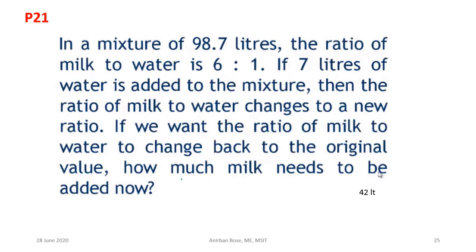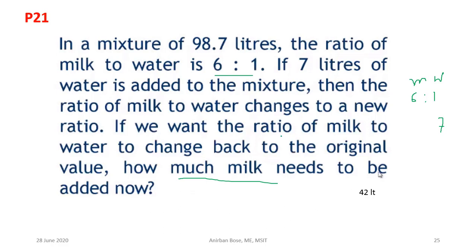Okay, so the idea is that initially the ratio was 6:1, right? Milk and water. Then 7 liters of water was added. But what is our final goal? Final goal was to keep the same ratio. Okay, so if 7 liters of water is added, say this is milk and this is water, then how much milk is to be added so that the ratio will remain the same?